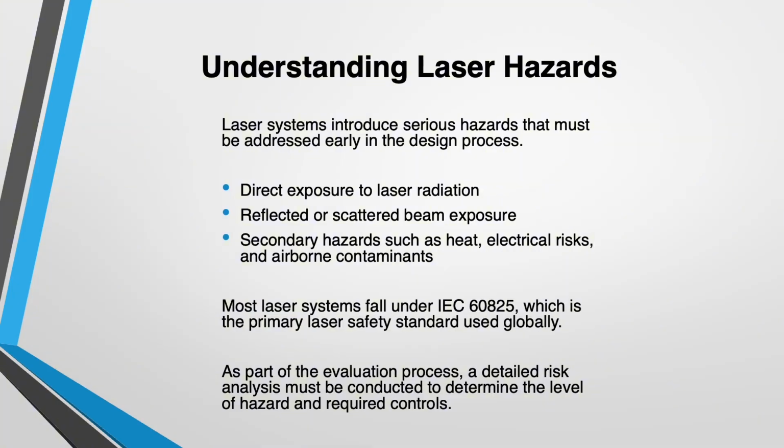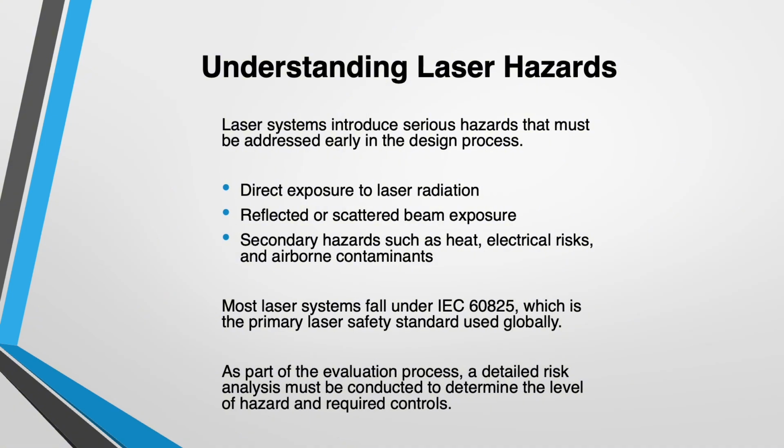These include direct exposure to laser radiation, reflected or scattered beam exposure, and secondary hazards such as heat, electrical risks, and airborne contaminants. Most laser systems fall under IEC 60825, which is the primary laser safety standard used globally.